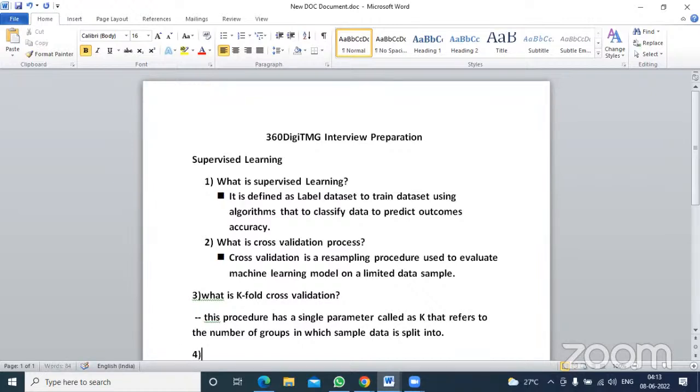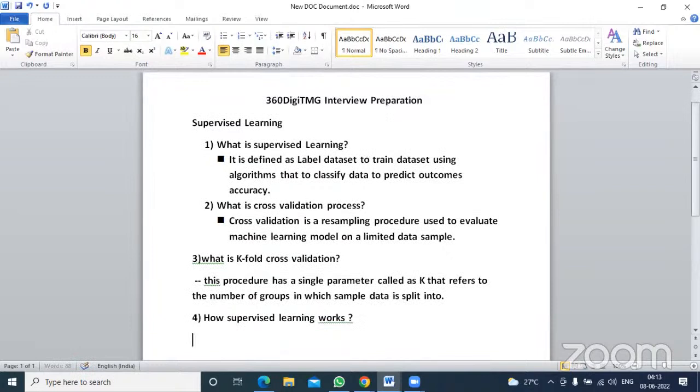Now, the fourth question is how supervised learning works.